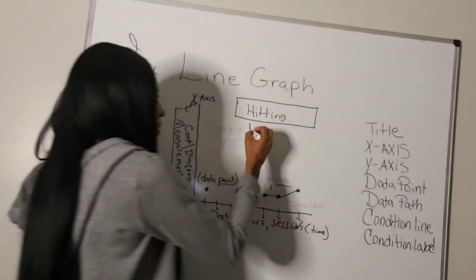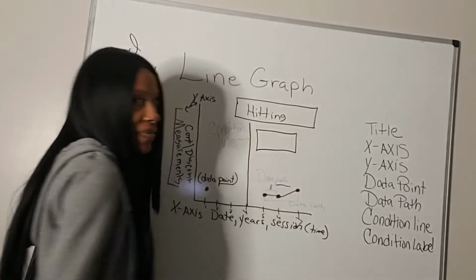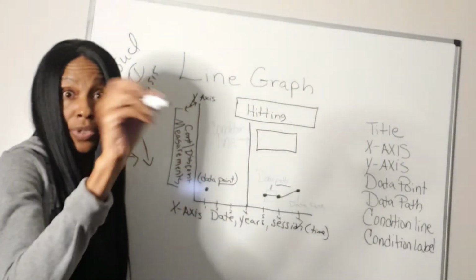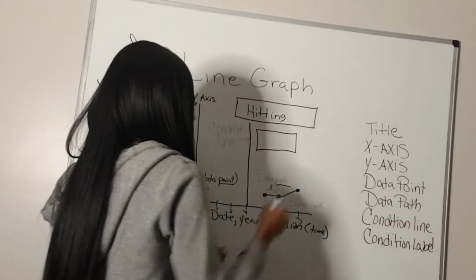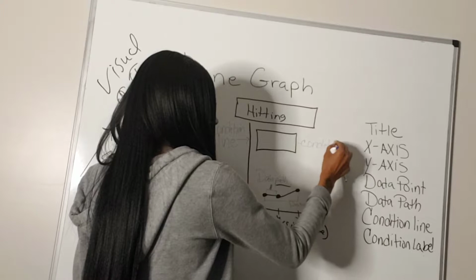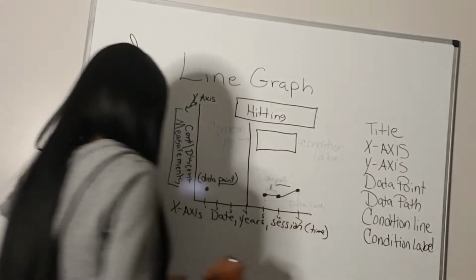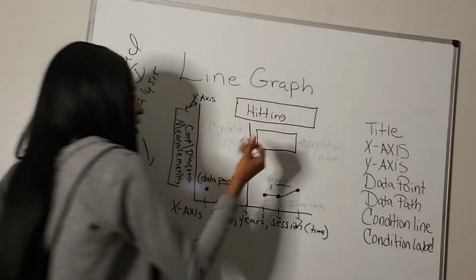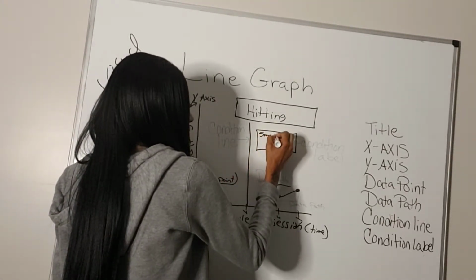In order to know what that something is, you're going to have a text box. If you're graphing, you'll know to click text box so that you can write inside it. But it's called a condition label here. And we're going to say they had a 5 milligram increase.